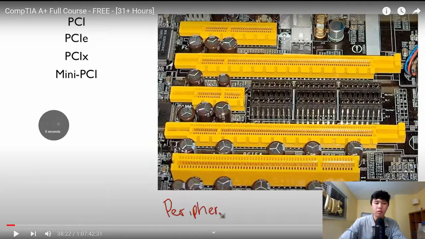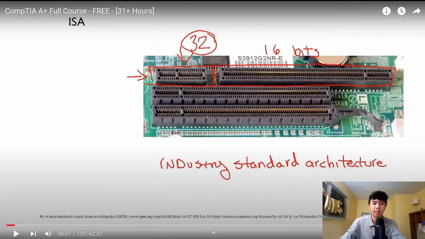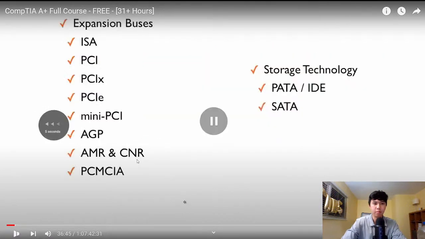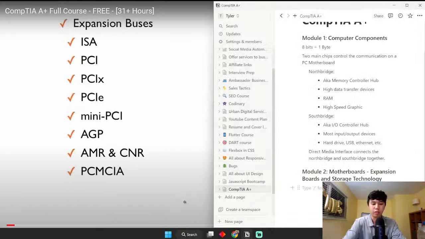Peripheral. Expansion buses. First of all, we have the ISA, which stands for Industry Standard Architecture.